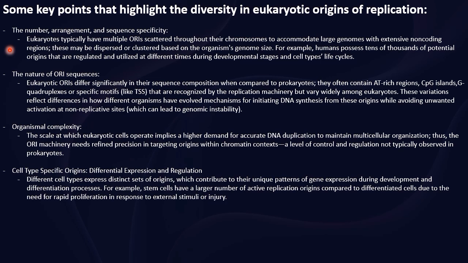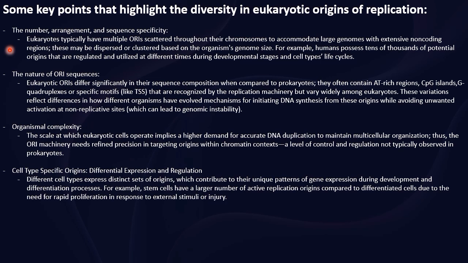One among them is the redundancy factor, which we discussed in our previous slide: if an ORI gets a deleterious mutation through which it is unable to initiate the DNA replication process, another ORI sequence takes its place and initiates the DNA replication process.